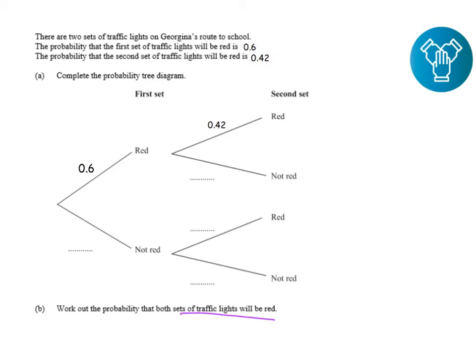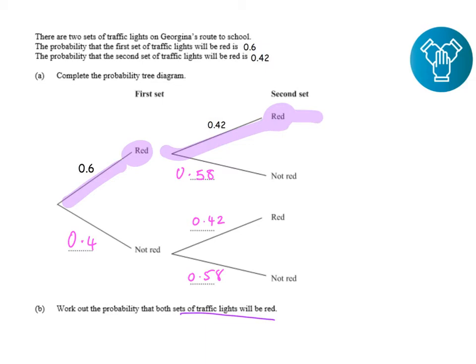So hopefully you started with completing the tree diagram. So that's going to be 0.4, 0.58, and then that's a repeating number. And then the probability of having both red, so I'm looking at red and red.